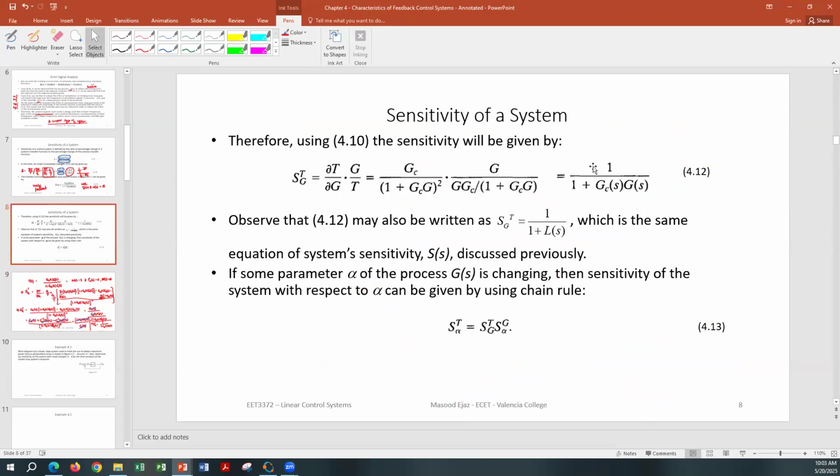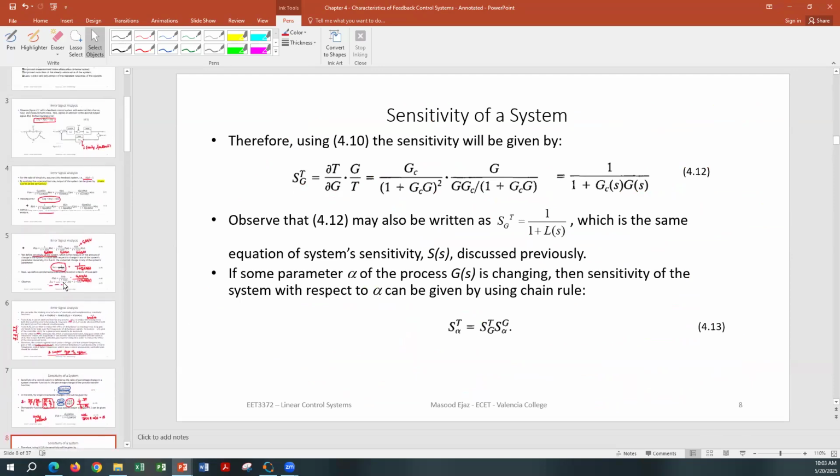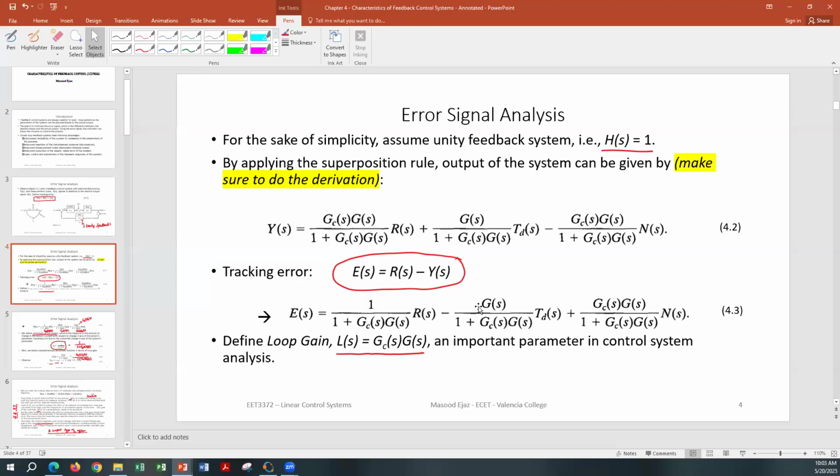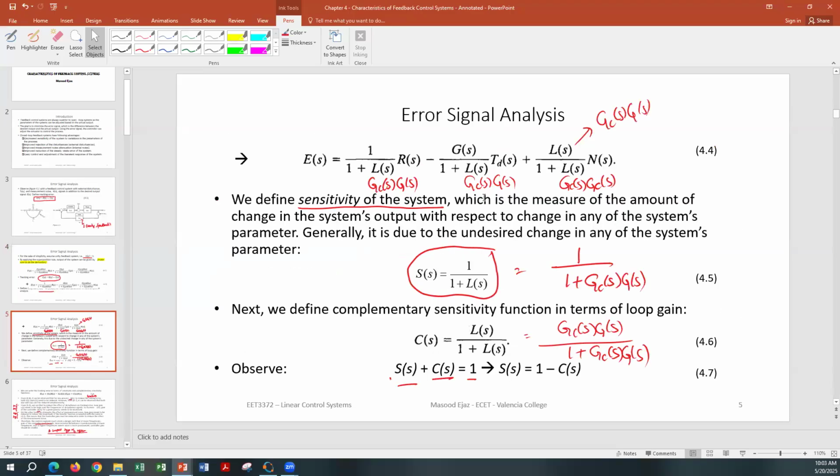And again, if we go back, we took the sensitivity right here, the sensitivity of the system, 1 over 1 plus L(s), which is 1 over 1 plus GC(s)G(s).